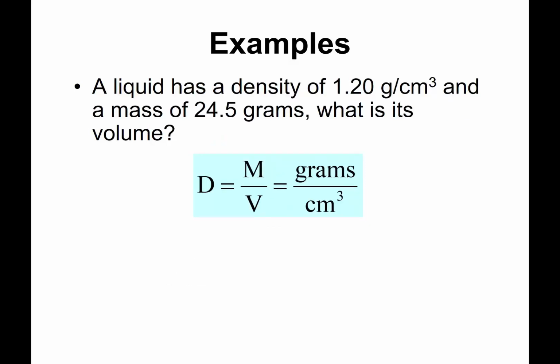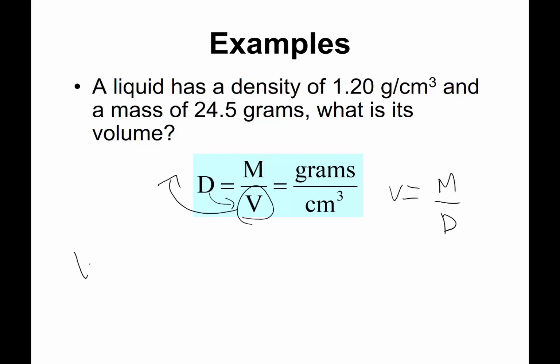Here's another example. A liquid has a density of 1.20 grams per cubic centimeter and a mass of 24.5 grams. What is the volume? Well, now I have to solve this formula for volume. So you multiply by V and you divide by D. So that means the volume is going to be equal to mass divided by density. And if you're pretty weak in algebra, then you should pay attention to your units.